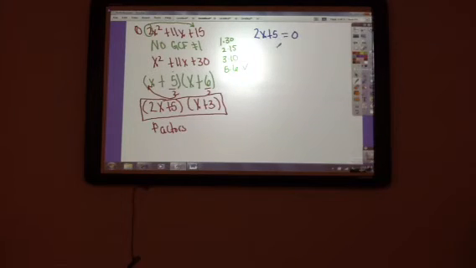I'm going to use my algebra skills to complete this problem. Subtract 5 from both sides, and I have 2x equals negative 5. I'm going to divide both sides by 2, and I have x equals negative 5 halves, or as a decimal, negative 2.5.